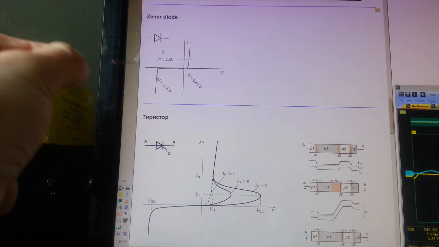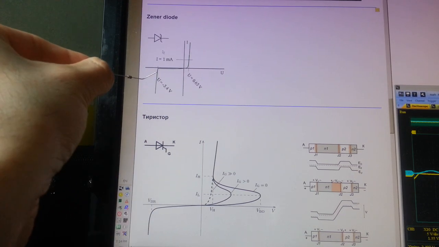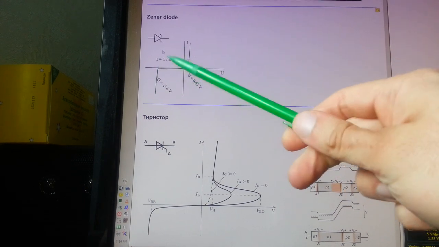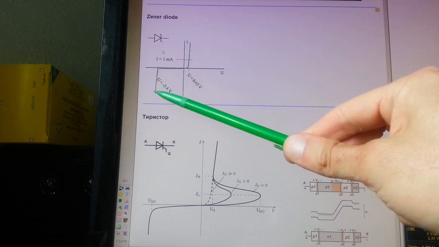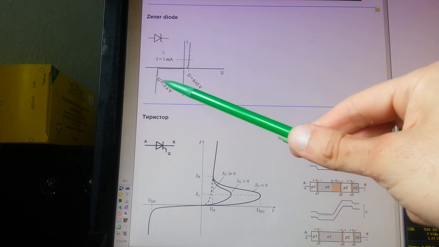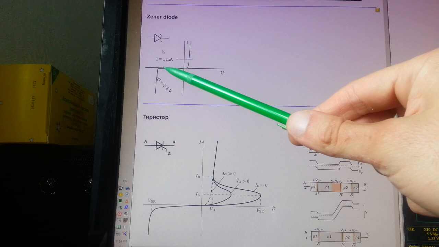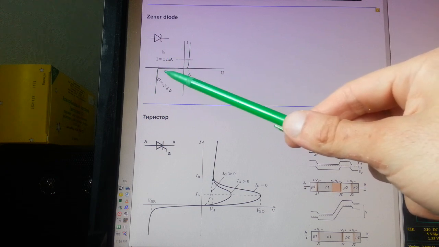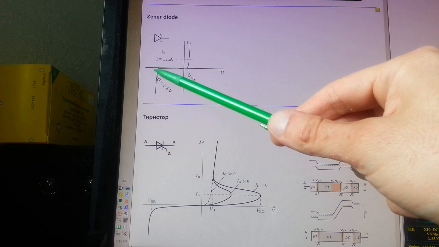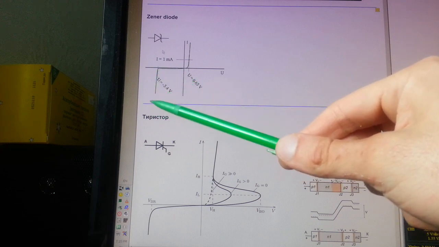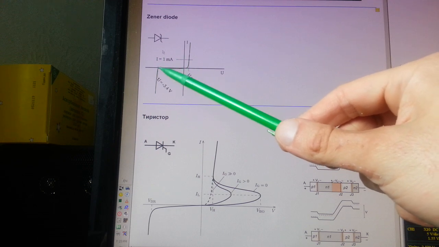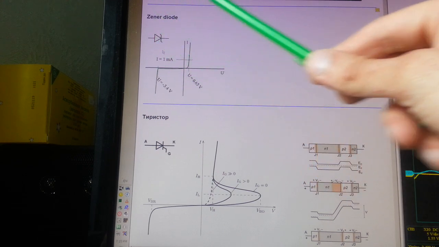The device has characteristics very similar to a usual diode, except that you have to connect it in the opposite direction and use the breakdown voltage. You do it to get the voltage stabilized. So if you increase the voltage a bit, you're going to get a significant increase in the current. So the voltage is going to be held close to the breakdown voltage. So define the circuit like this.